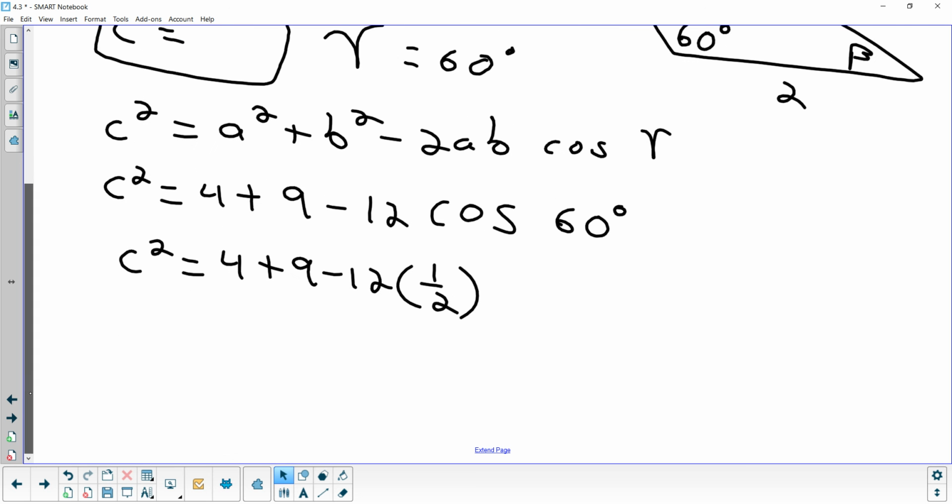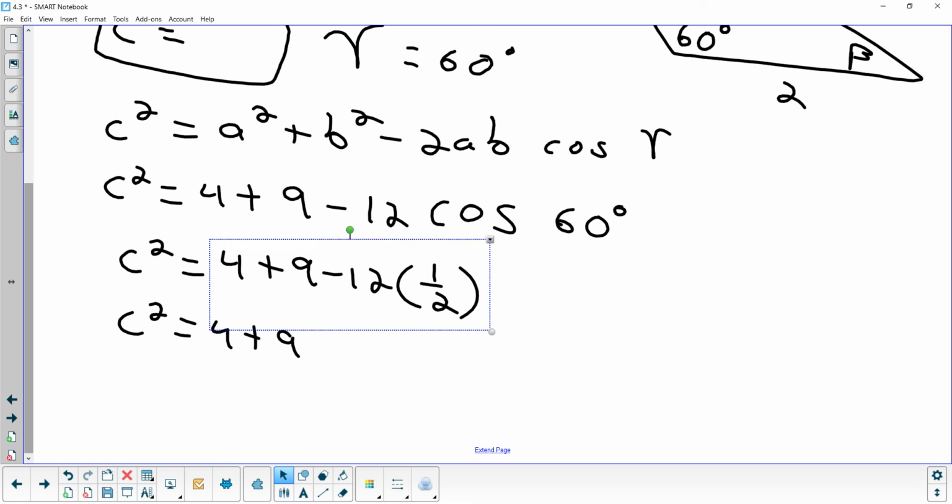All right. Now, what would I do next on the right-hand side? I have 4 plus 9 minus 12 times 1/2. Yep. Multiply the 12 times 1/2, and that's going to be a minus 6.